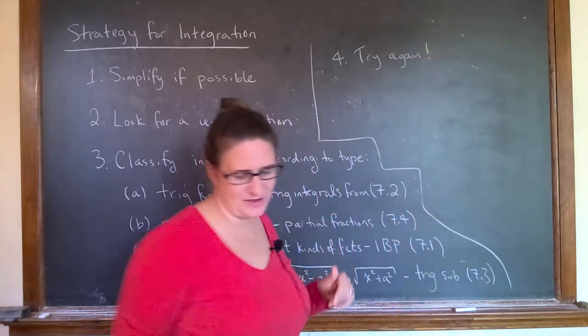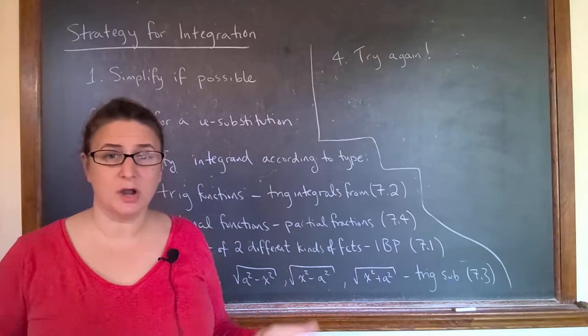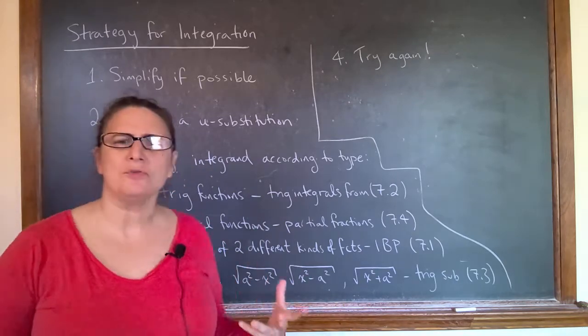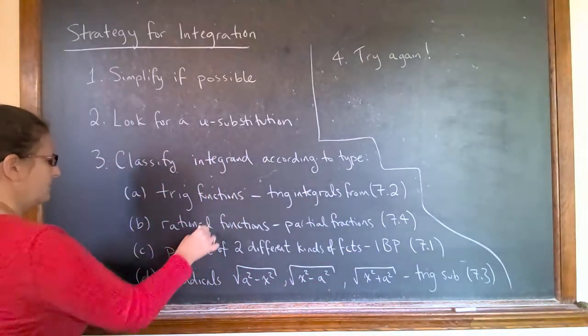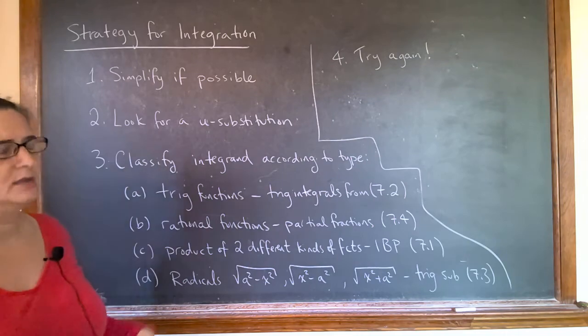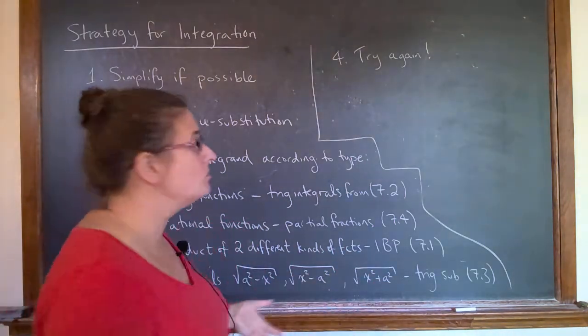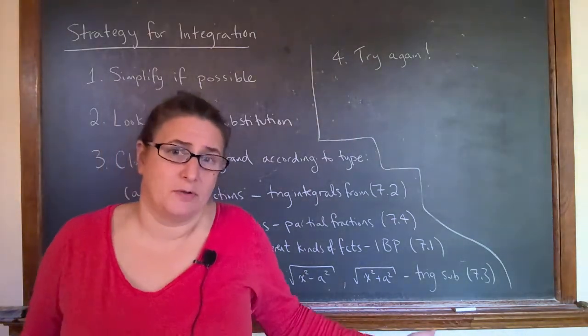That's not a very helpful step, right? But if it doesn't work, what else should I try? Or if something doesn't seem to fit very well into one of these bins, like maybe inverse cotangent, what the heck is that? Well, if you don't know what to do, integration by parts is something you can always try.